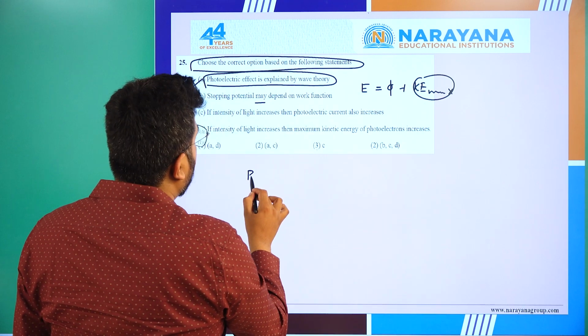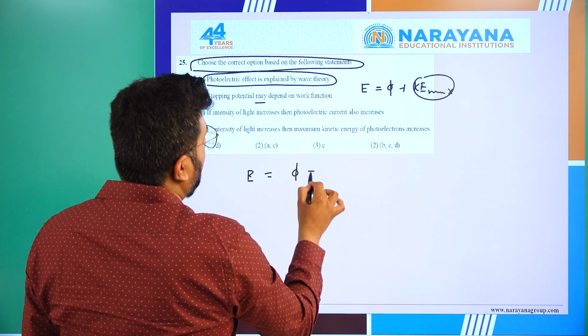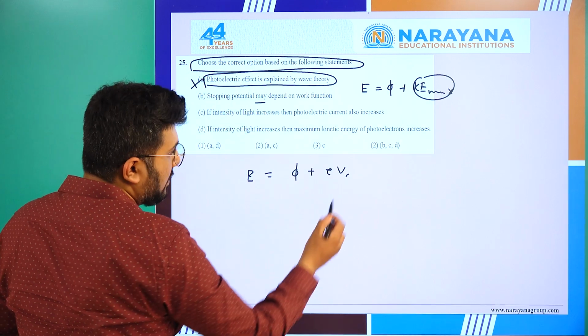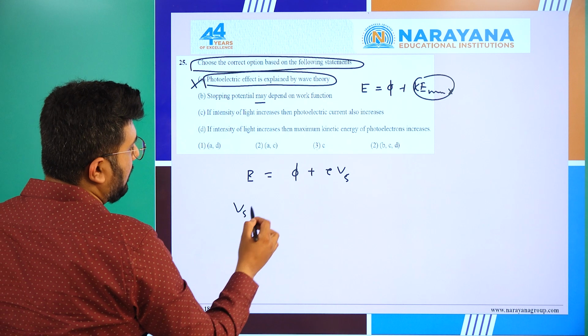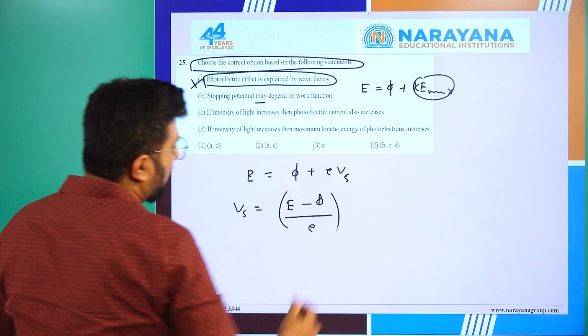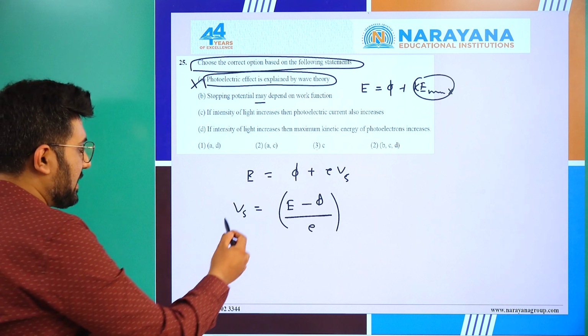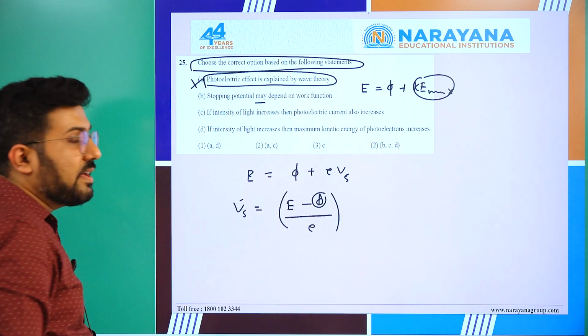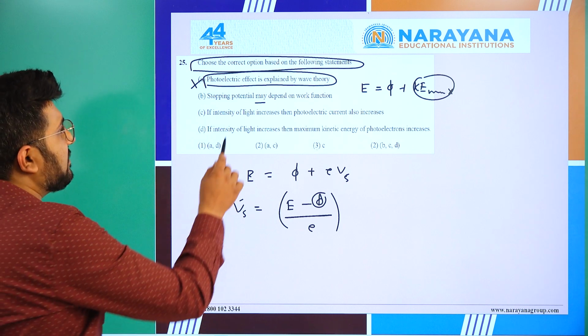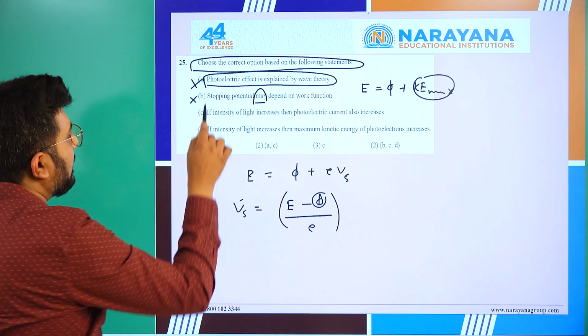So I can say E equals phi plus eVs, so Vs equals (E minus phi) by e. Clearly the stopping potential will depend on the work function. So if they have written may, I will say it is incorrect.